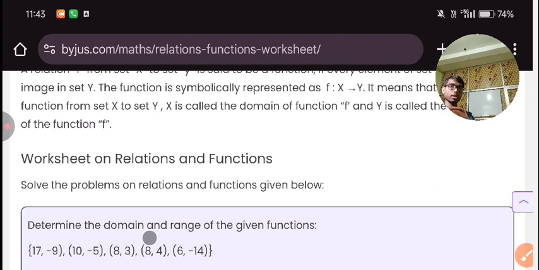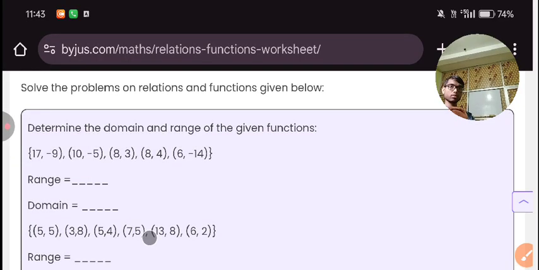Worksheet on relation and function. Solve the problems. Determine the domain and range of the given function. So of course the domain would be 17, 10, 8, 6, which we arrange as 6, 8, 10, 17. These are the domain. Now what about the range? So -9, -5, 3, 4, -14. First would be -14, -9, -5, 3, 4.